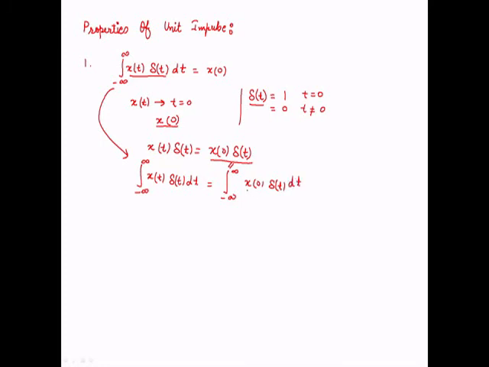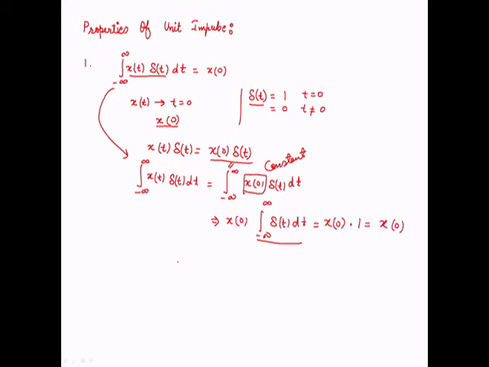So here this x(0) is having a constant value, it means we can take x(0) common and integration of minus infinity to infinity delta(t) dt, and by definition this is equal to 1, so we can write x(0) multiplied by 1 is equal to x(0).